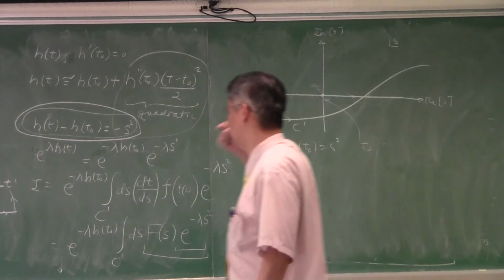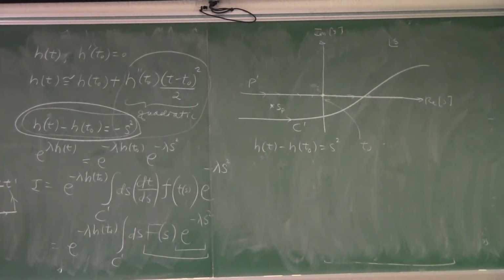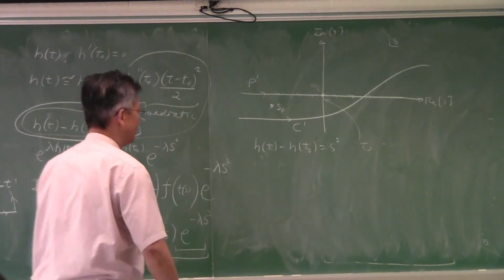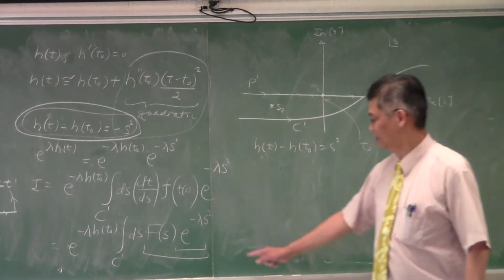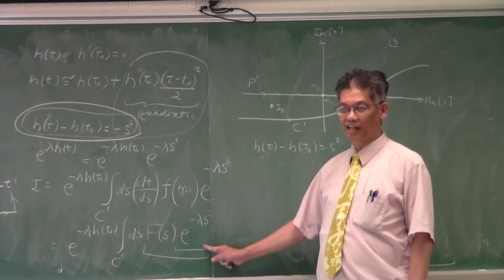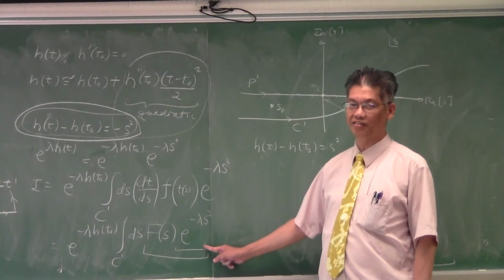Integrating on C prime or integrating on C was no fun, because the integrand can be rapidly oscillating. But if I integrate on P prime or P, it is wonderful, because the phase does not change. There are no rapid oscillations at all.